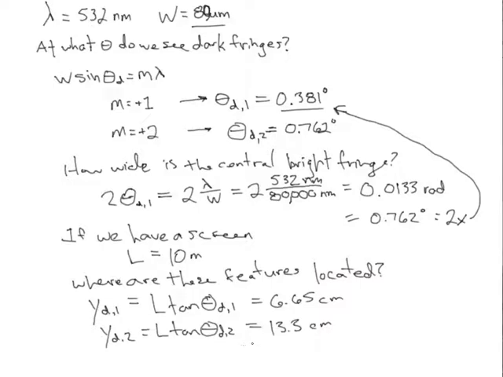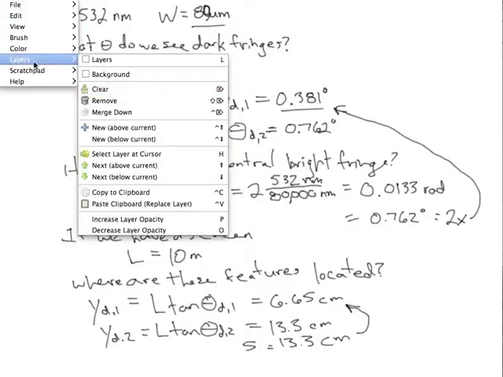Likewise, we can find the width of the central bright fringe and find that it is in fact 2 times that value. Okay, so that is one example of how we can use this.